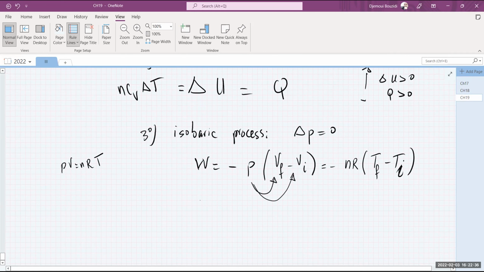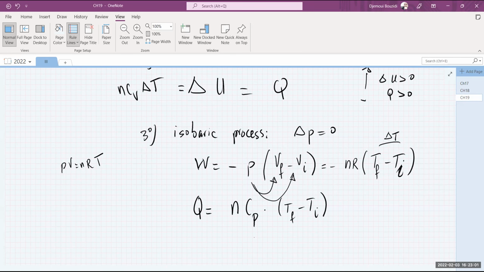The heat needed some work, but at the end of the day, we wrote it as Cp times delta T. So this is n times (Tf minus Ti), where Cp is the molar specific heat at constant pressure.